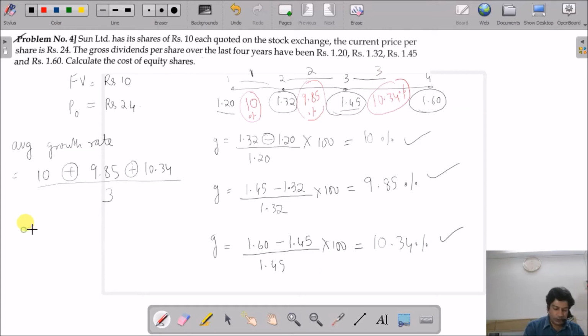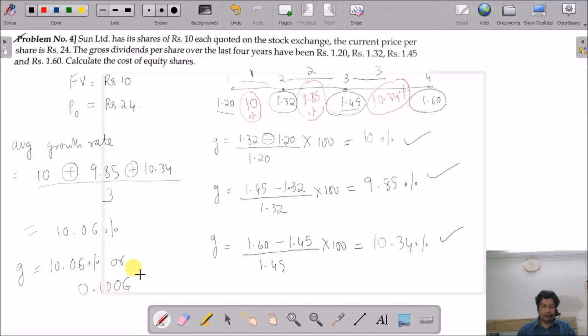So I'm going to get a growth rate of 10.06%. So I know the growth rate, which is 10.06%, or 10.06 divided by 100. So I'm going to get 0.1006.